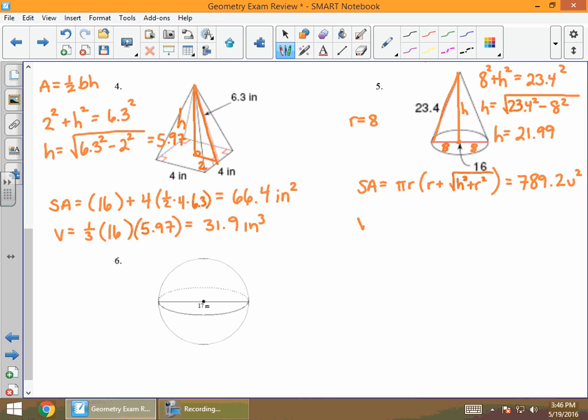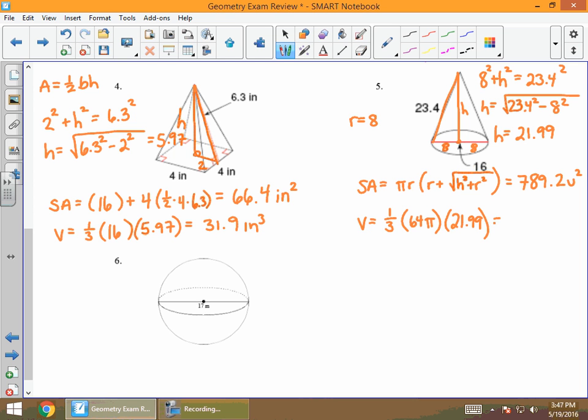The volume of a cone is 1/3 the area of the base. The area of that circle is pi r squared, so the radius is 8, so 64 pi, times the height, which we said was 21.99.